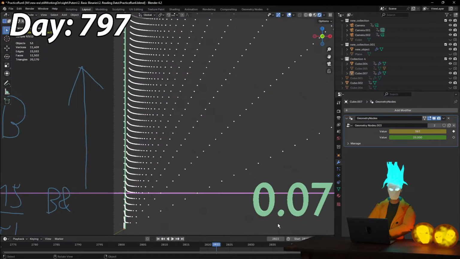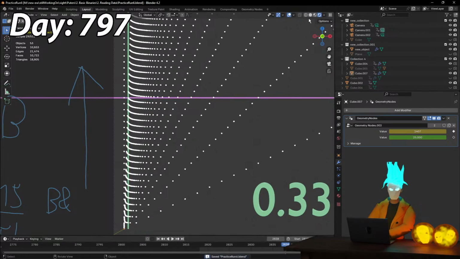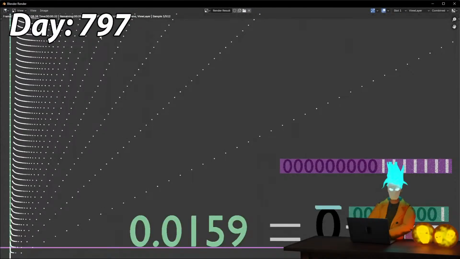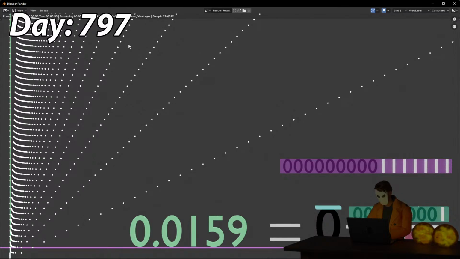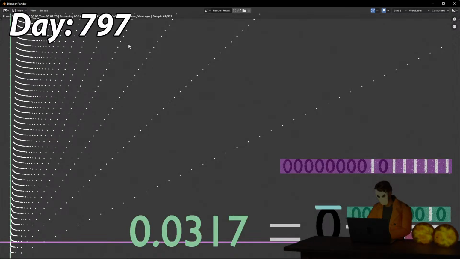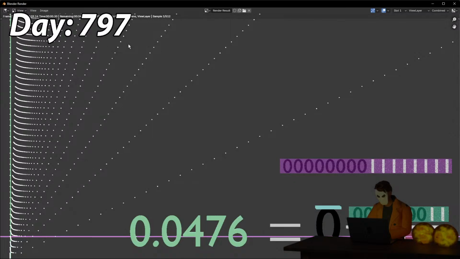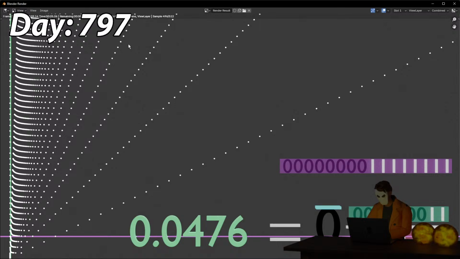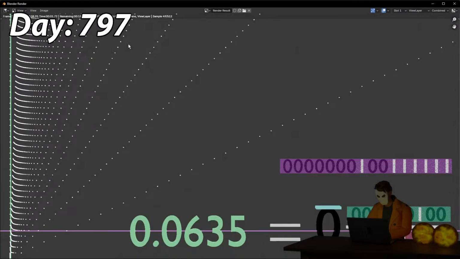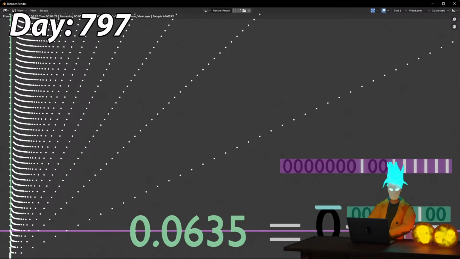But I think that's a pretty good visualization of the points, anyway. Okay.